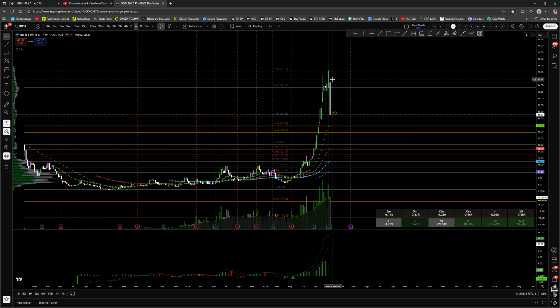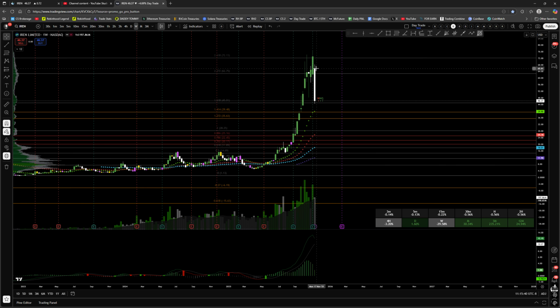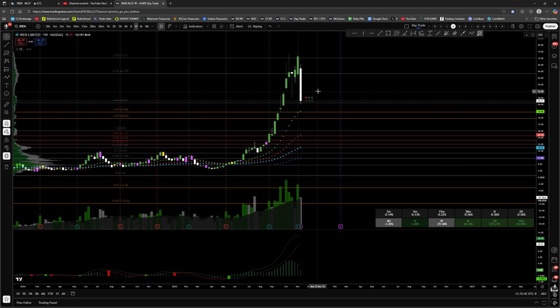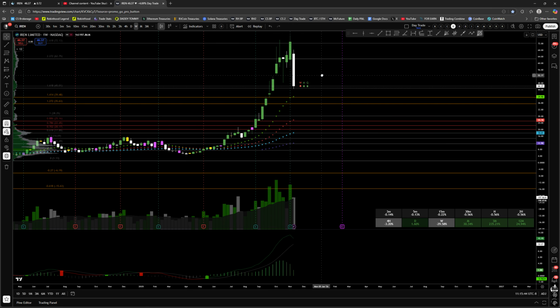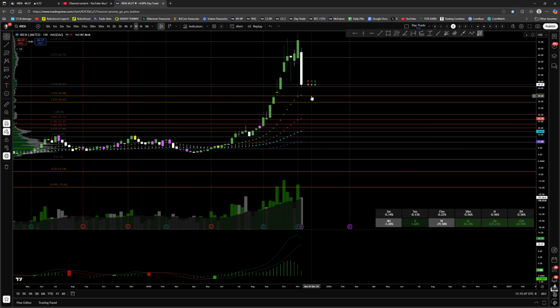It starts to pump again. And then we reject that line again, and then we pull back down this week. And that level right now is 1.618 or $45. We touched it, and probably within an hour or two, in the after hours, I believe Thursday night, it was already back up above $45.